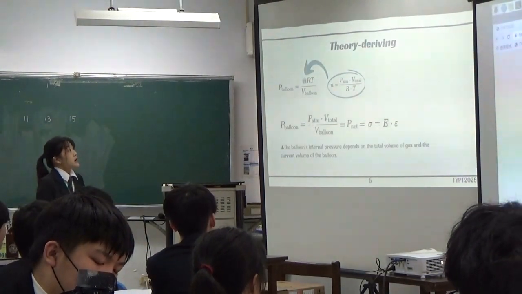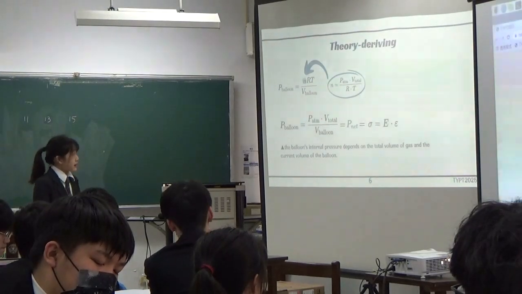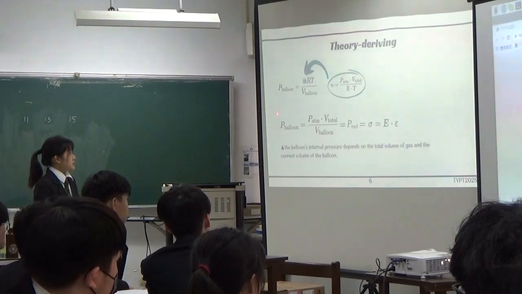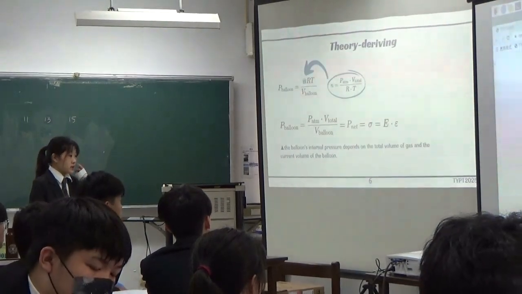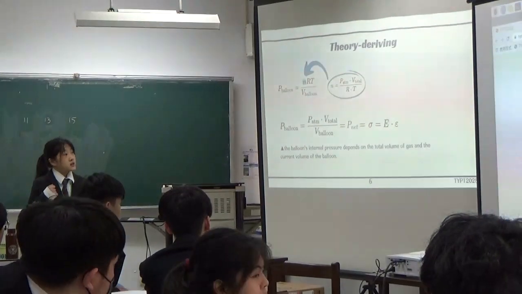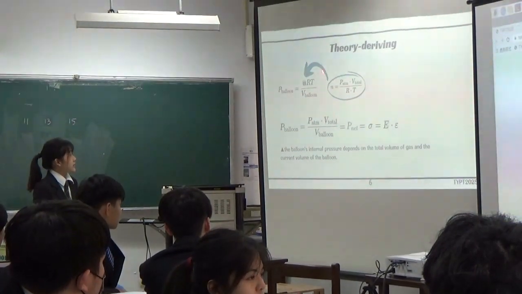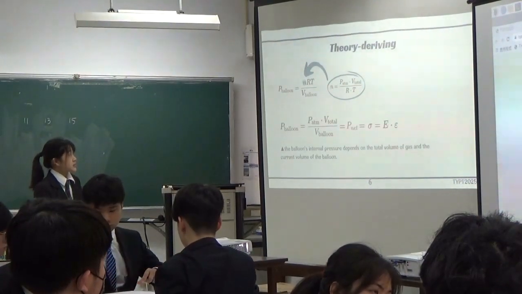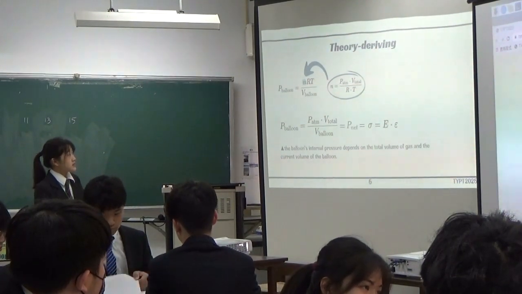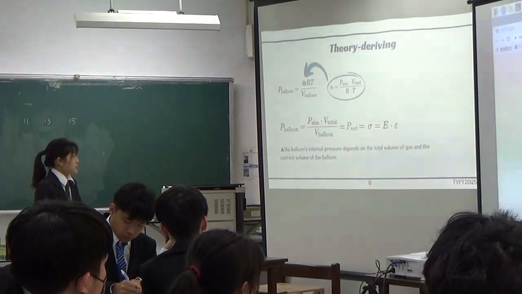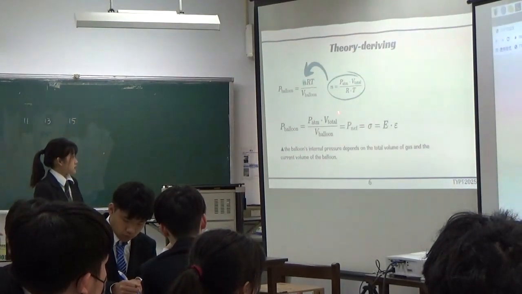And this is my theory derivation. I want to know the pressure of the balloon, so this is the equation. Because the gas I inflate is air, I can bring this into the equation. By controlling the temperature, and since R is a constant, I can eliminate R and T. Eventually, I will get this.